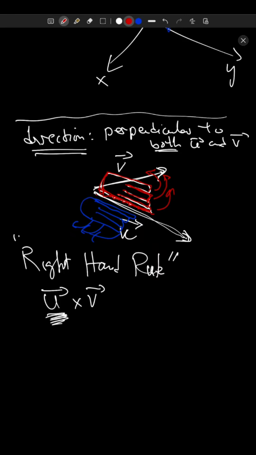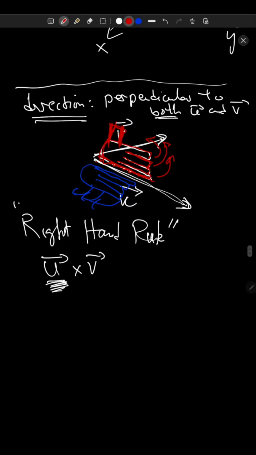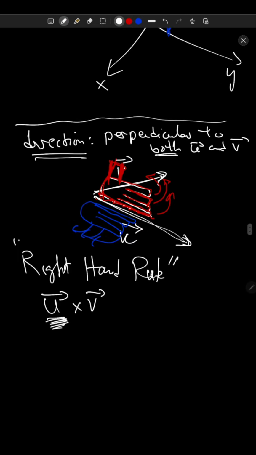Okay? Now, when you do this correctly, in this red picture here, if you stick your thumb up perpendicular to your fingers, your thumb is going to point in this picture like that. The direction that your thumb points is the direction of U cross V. So in this picture, straight upwards like that.